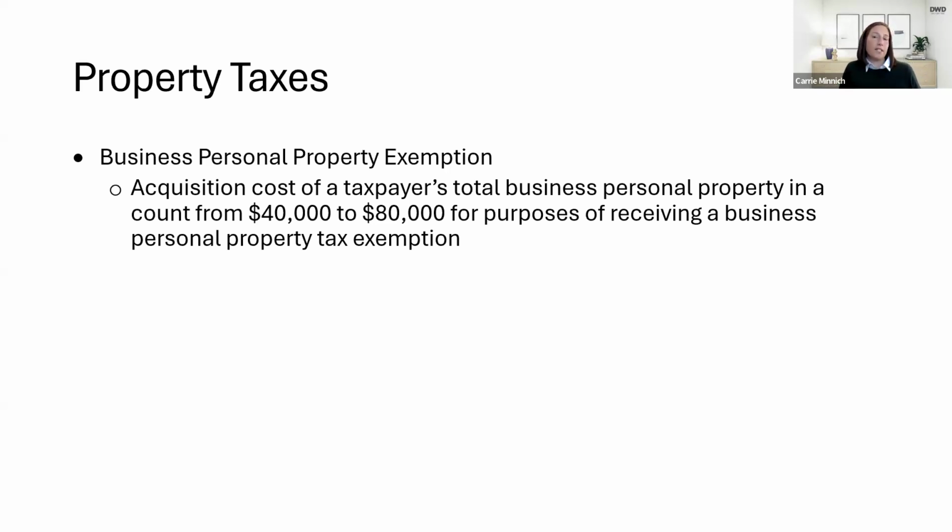So under the nonprofit exemption, you are exempt from paying property taxes, but you still have to file the annual return every year. Under this exemption, you don't have to file the return every year.